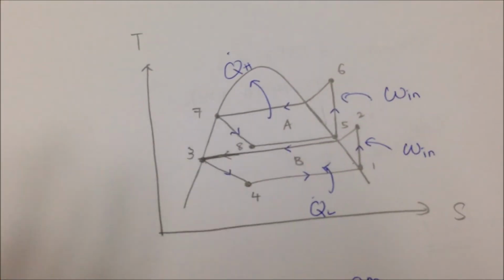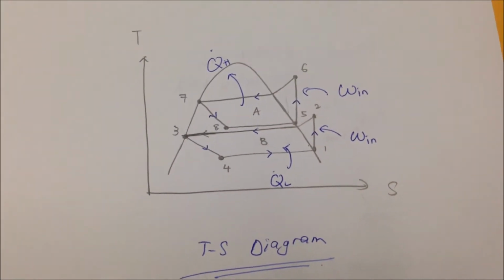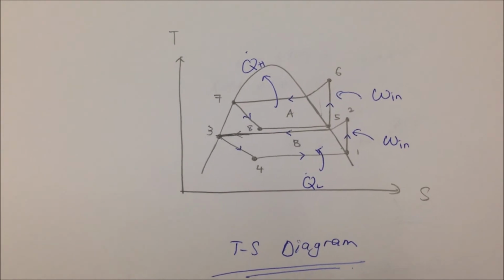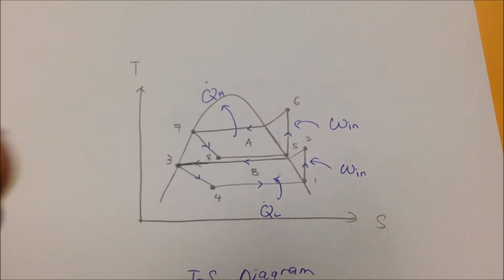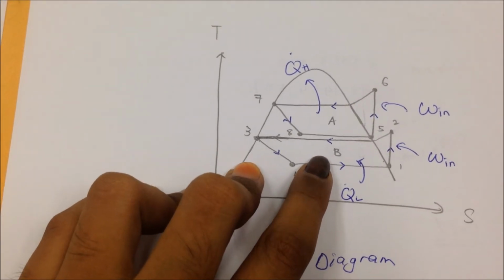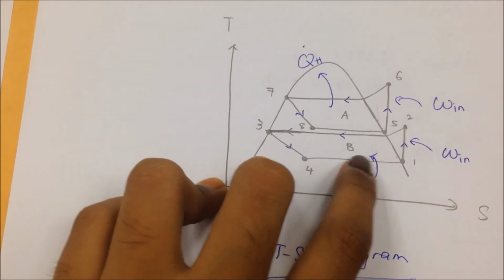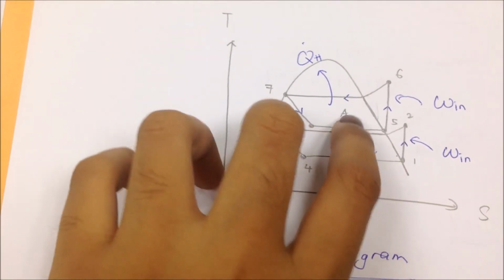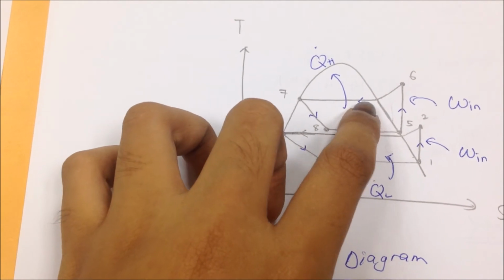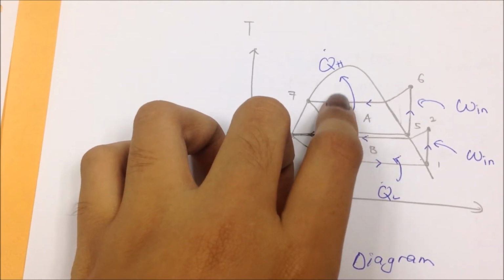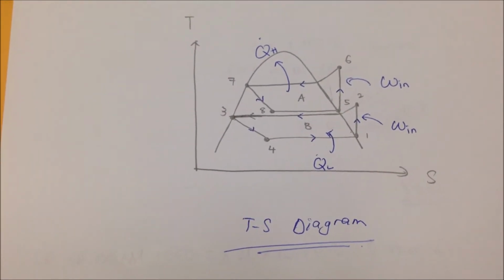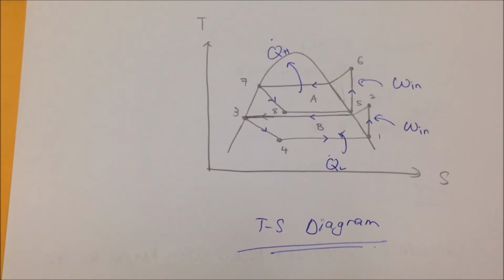And this is the TS diagram for the Cascade refrigeration cycle also. For the lower part, this is QL, Win, and from state 6 to state 5, Win for the upper, and QH. So that's the Cascade system diagram.